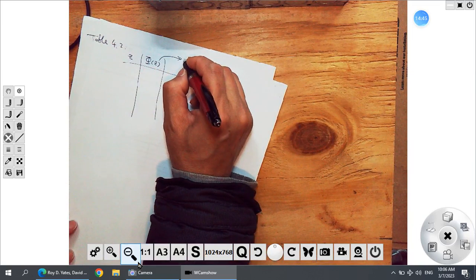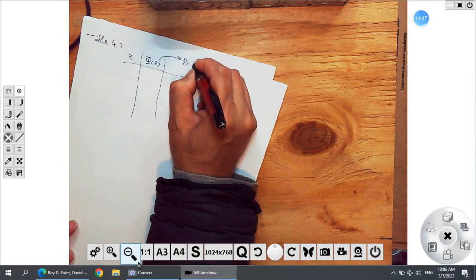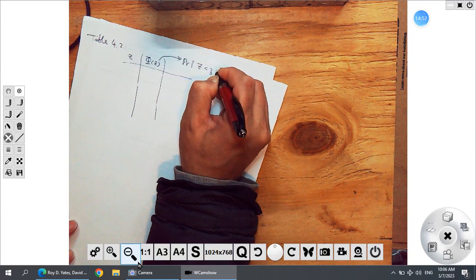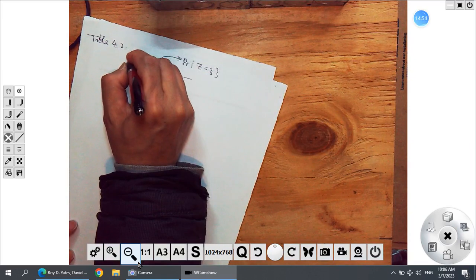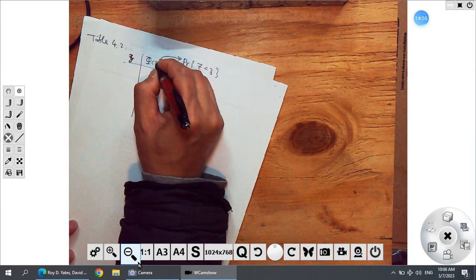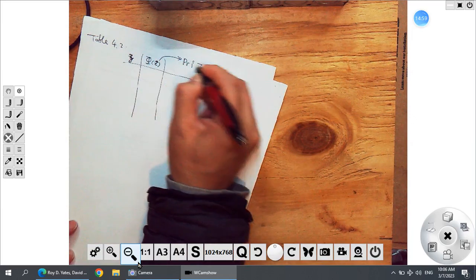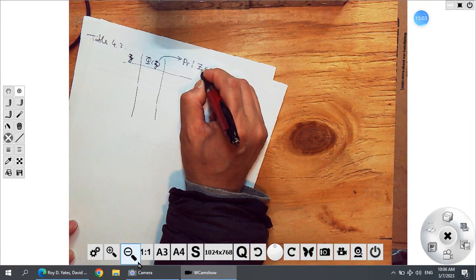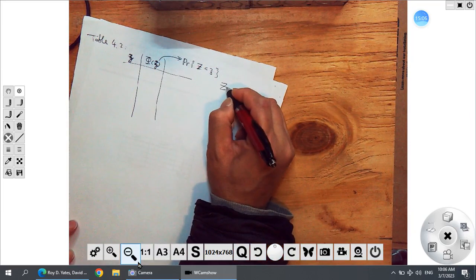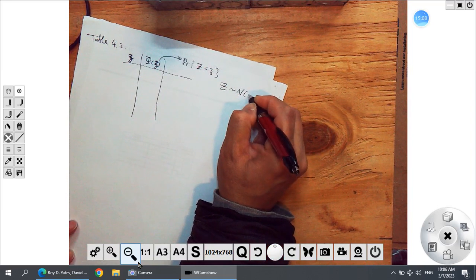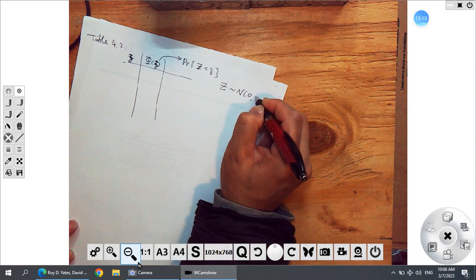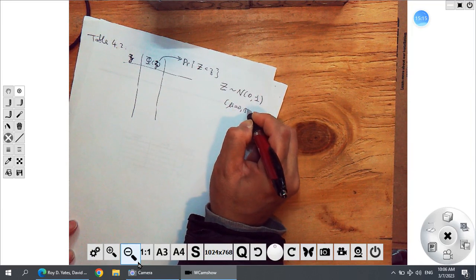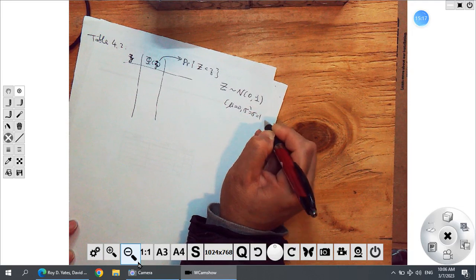This is the probability that capital Z is smaller than lowercase z, where capital Z obeys the normal distribution with mu equal to 0 and sigma equal to 1. Sigma square as well as sigma, both are 1, in this case.